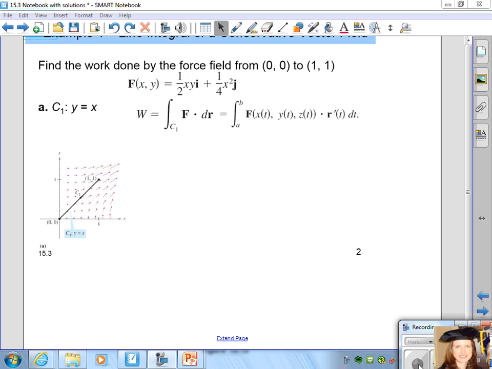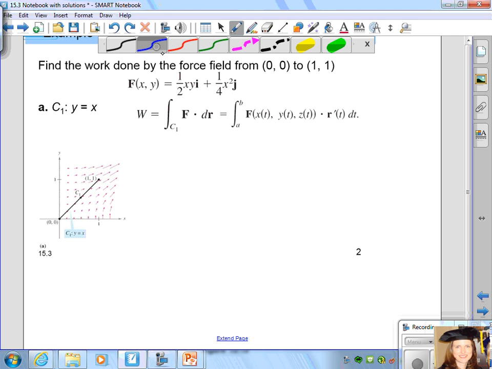Okay, let's begin with the first path along the straight line y equals x. We need to come up with a parametrization for the path. If we're moving along y is equal to x, we can begin by letting x equal t, and then it follows that y would also equal t. So our parametrization, our r of t, our path, can be represented as x i plus y j.